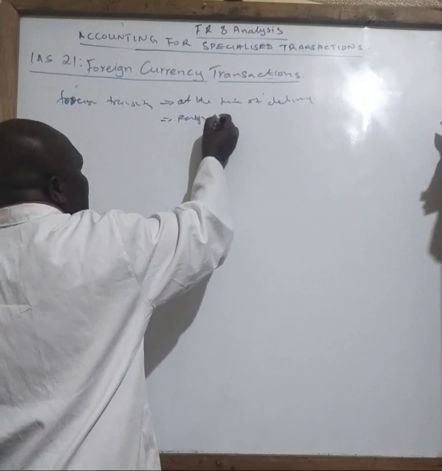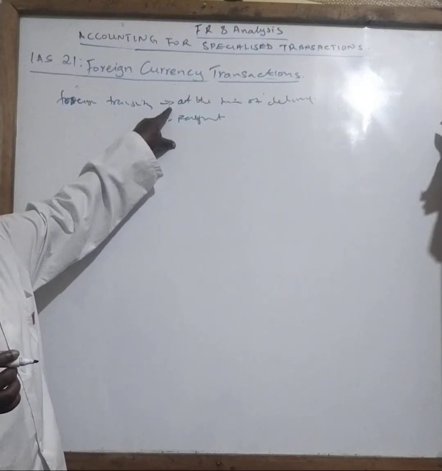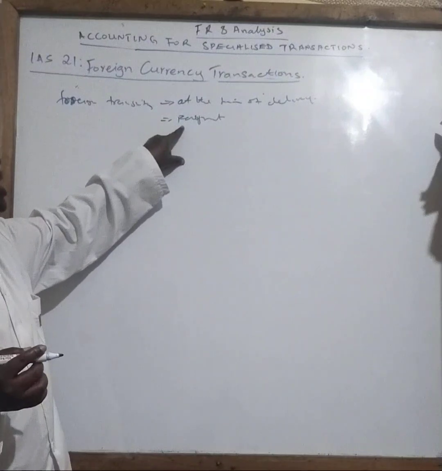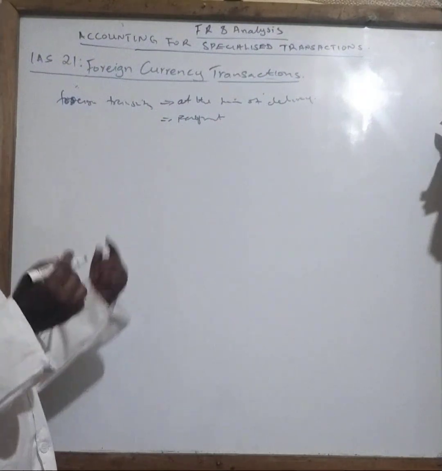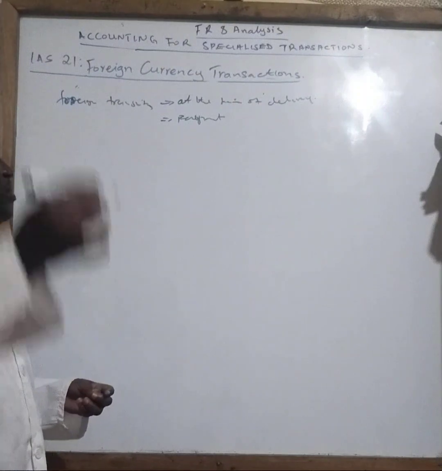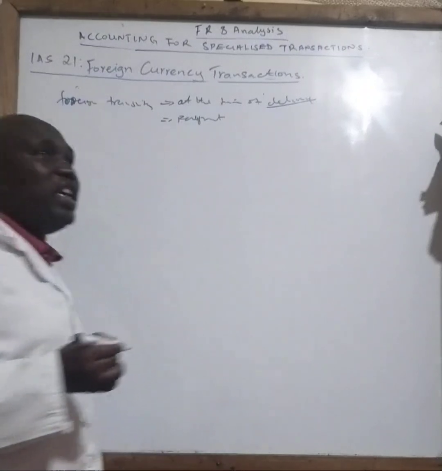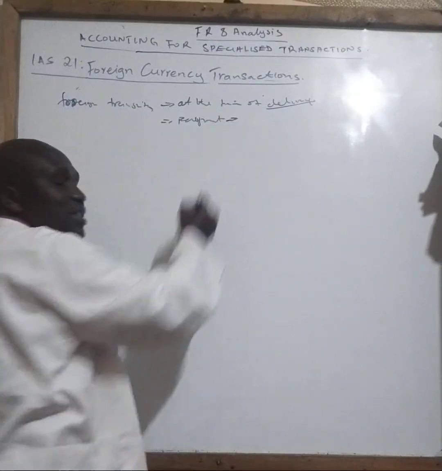Payment. So if, for example, you have bought goods today is 8th of September 2024, and then you make the payments 8th of October 2024. The exchange rate that prevailed at the time of transaction might be different from the exchange rate at the time of payment.